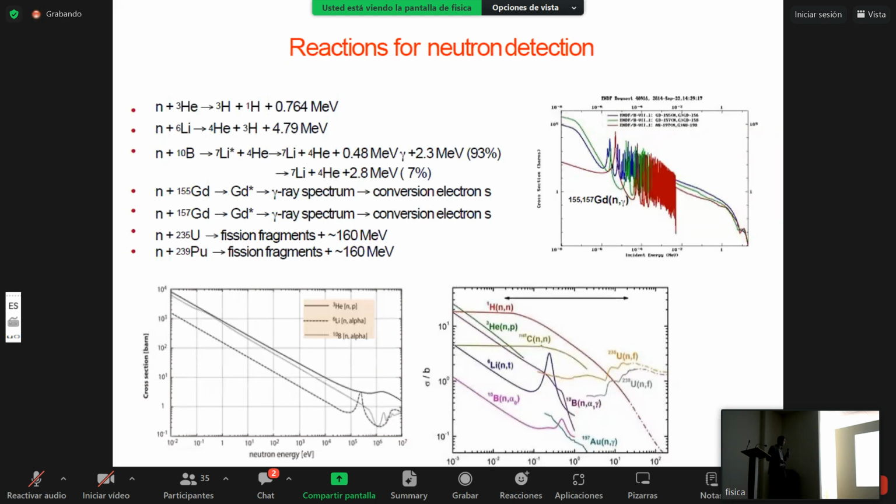In the cross section versus neutron energy plot, just a reminder how the probability of interaction depends on the energy of the neutron. Thermal neutrons are located somewhere here, here, here.